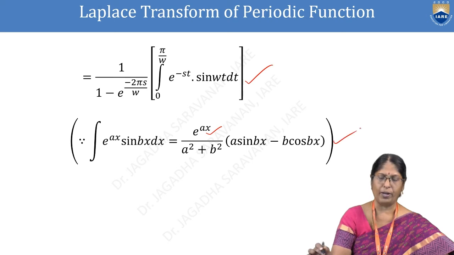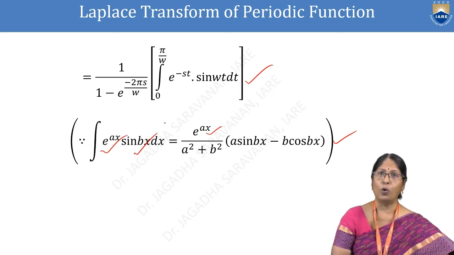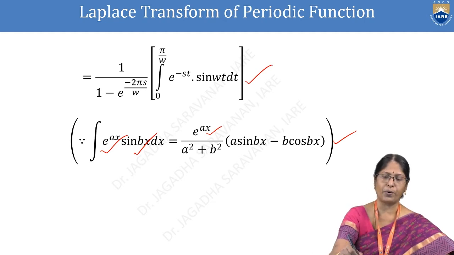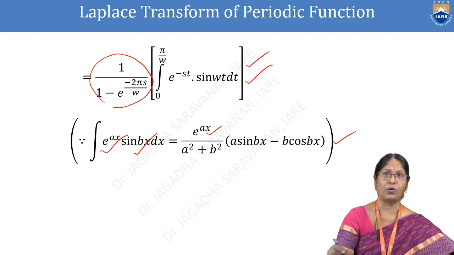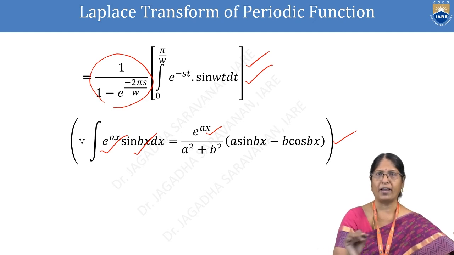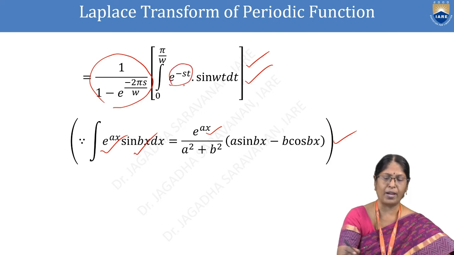This is the formula if exponential and trigonometry are combined. How to apply this in our given integral? We will do the comparison. This part we won't touch at all. We will keep it as it is.